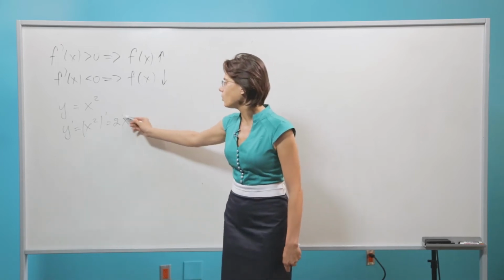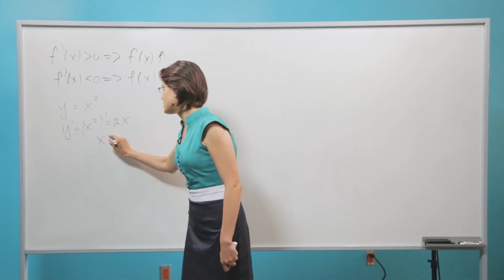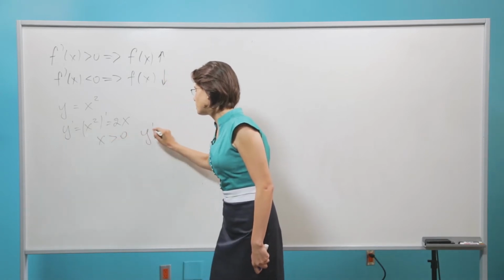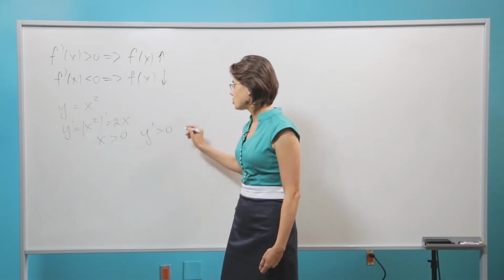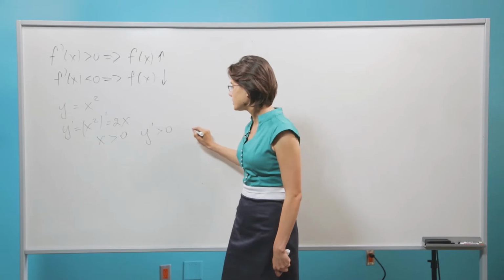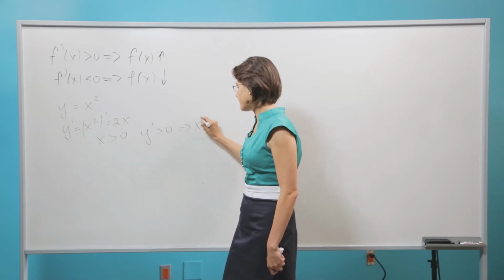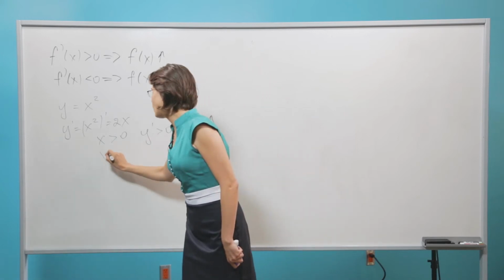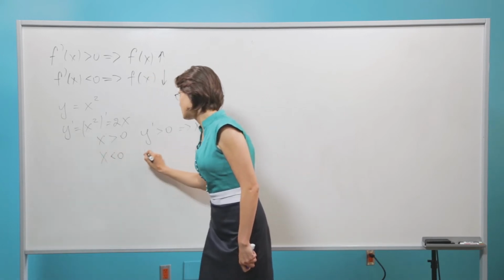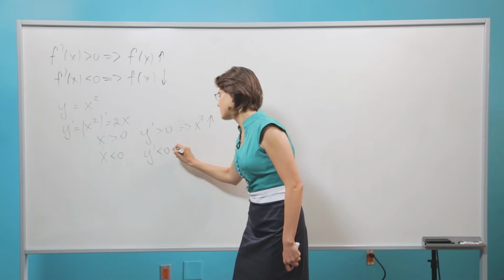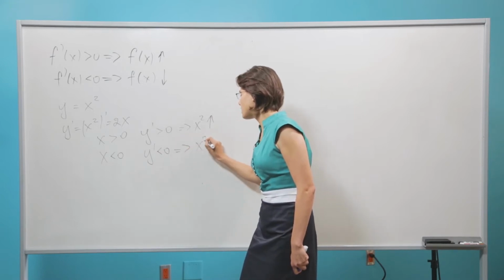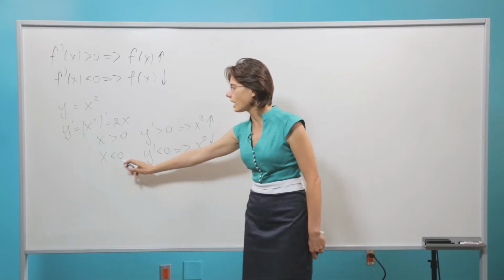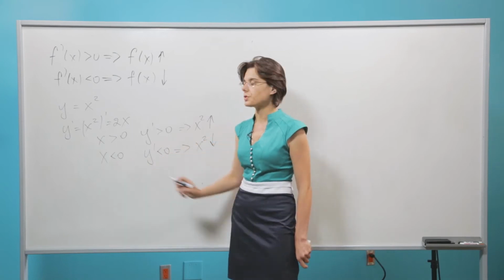You can see that for all x greater than 0, the derivative will be positive, so the function has to increase for all x greater than 0. And for all x less than 0, the derivative is negative, so the function has to decrease for all x from negative infinity to 0.